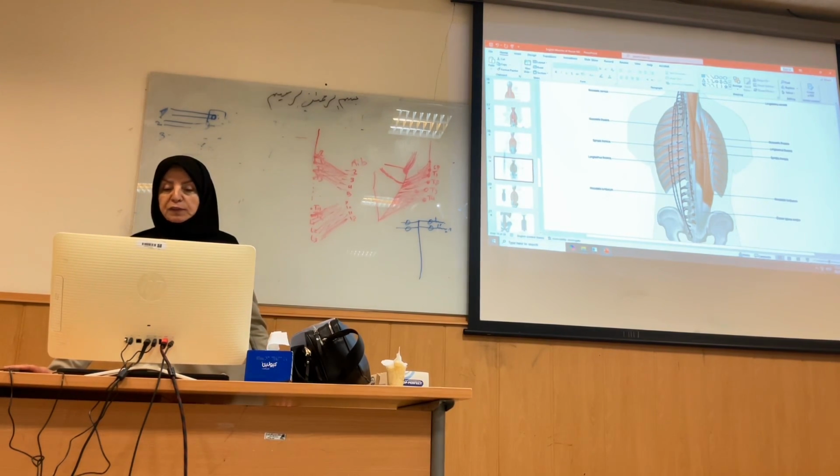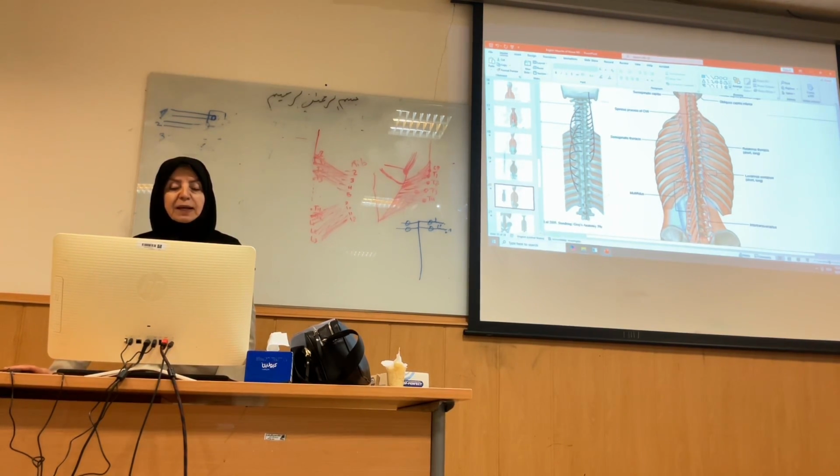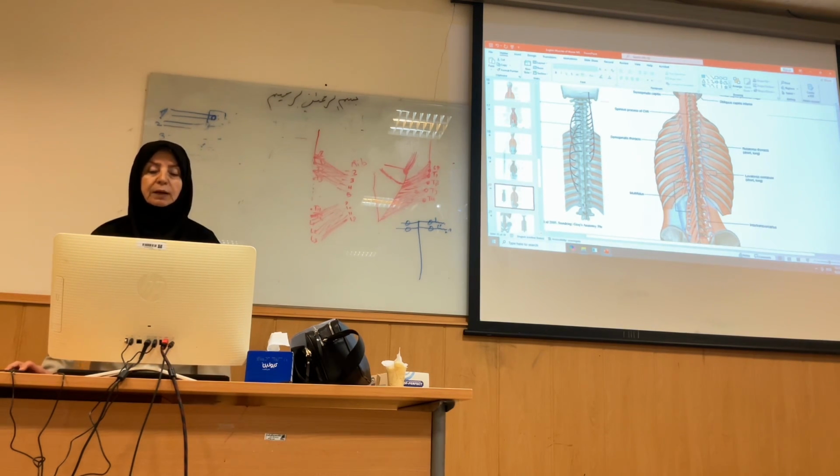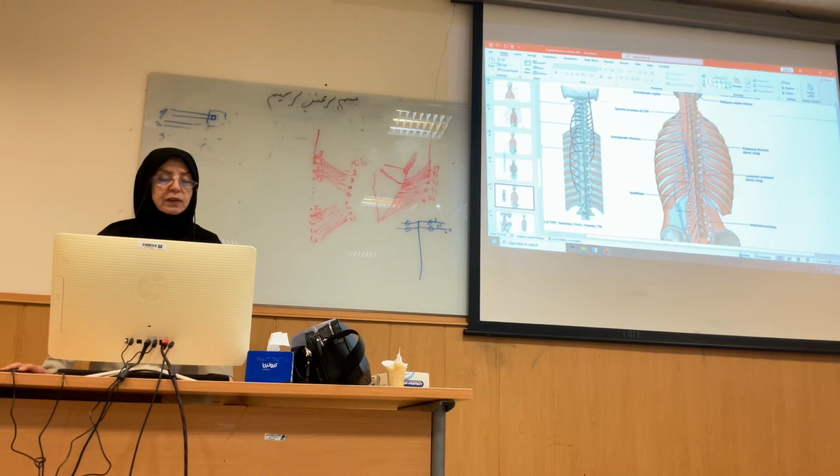If I remove this superficial layer and go deep, I will be able to show you another muscle. One of them is visible here. We call it multifidus. Another one we can call the rotatores.